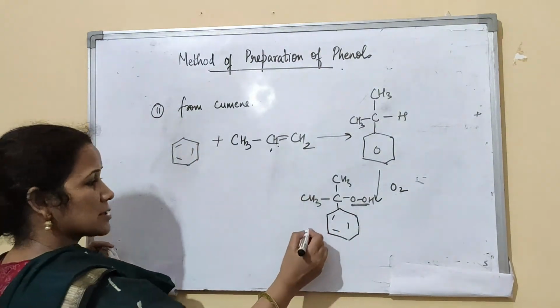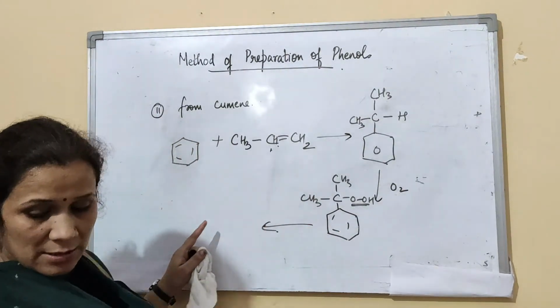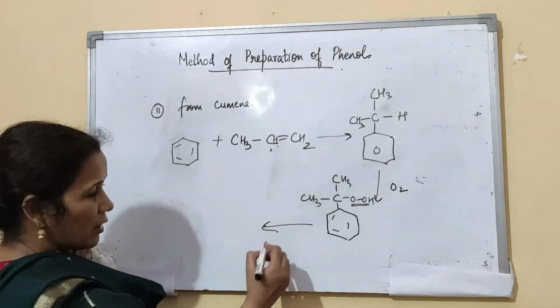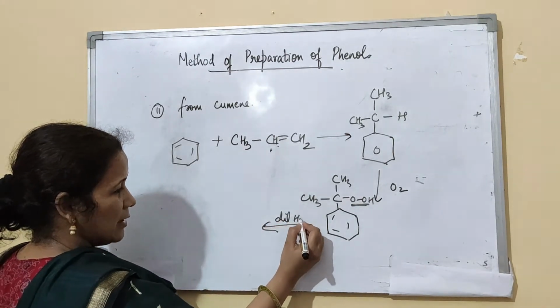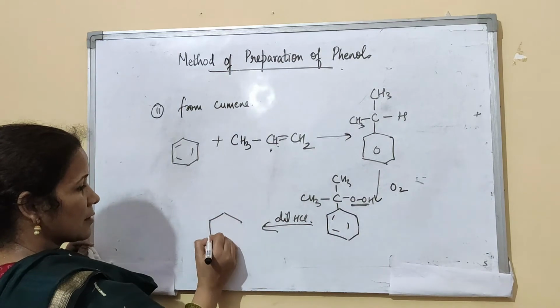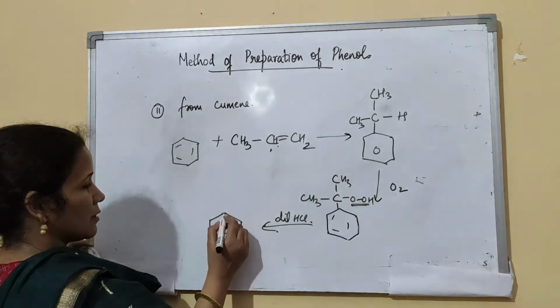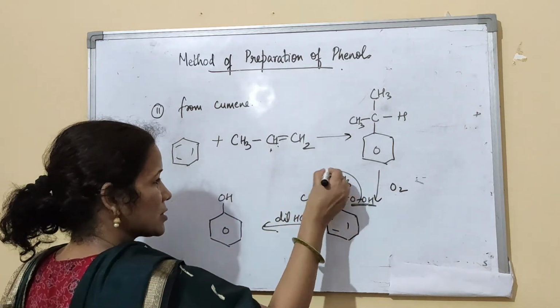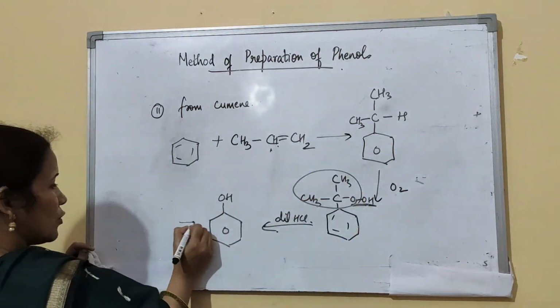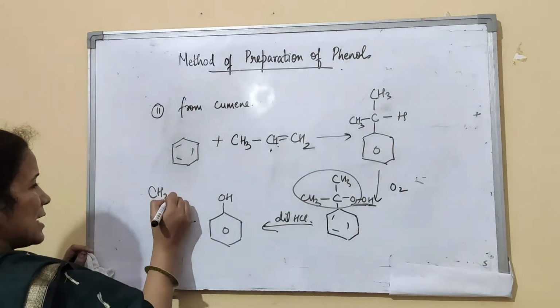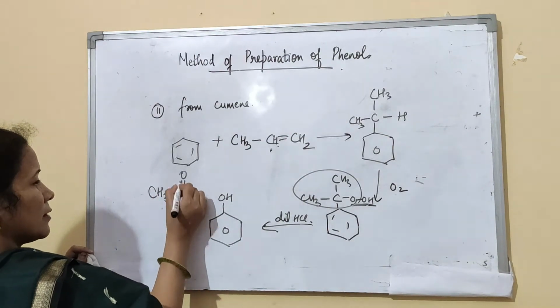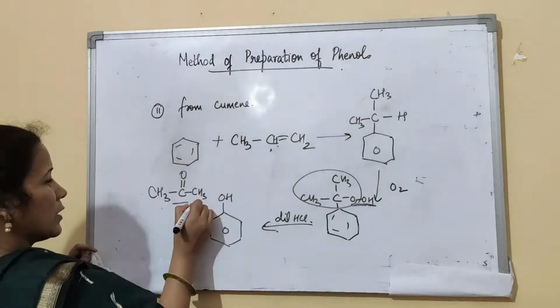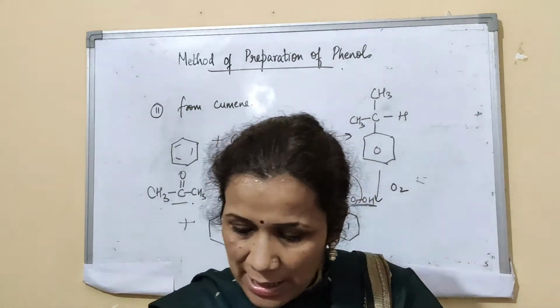If again this is heated or hydrolyzed with dilute HCl, you will get OH coming on this and this group would be removed. So you get as a byproduct acetone.